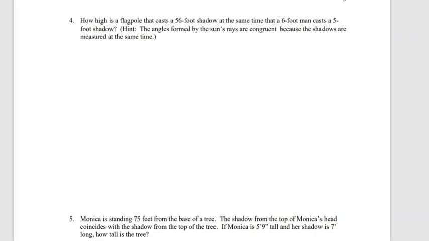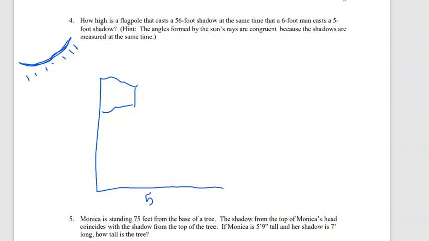And so if we consider how shadows are created, you can draw this on one side or the other, so your sun might be on the opposite side, but the sun will hit the flagpole. So say up here we have a flagpole, and when it hits the flagpole, it creates a shadow that is 56 feet.